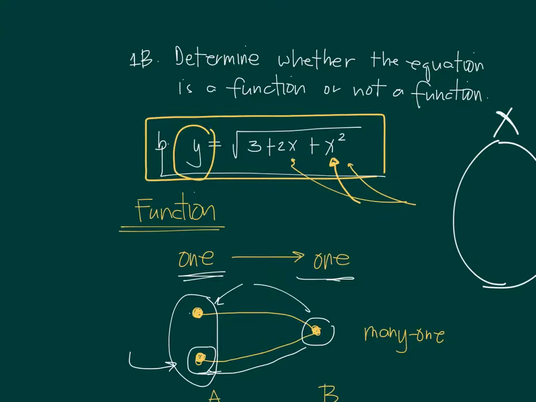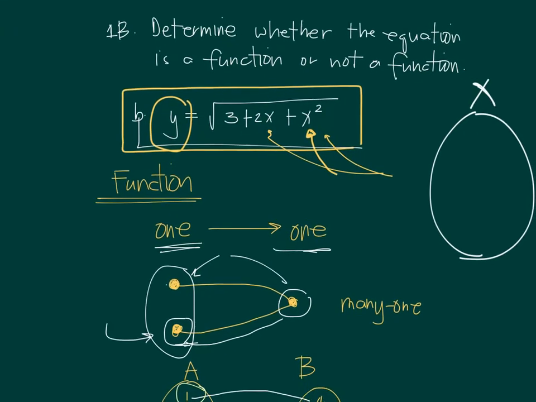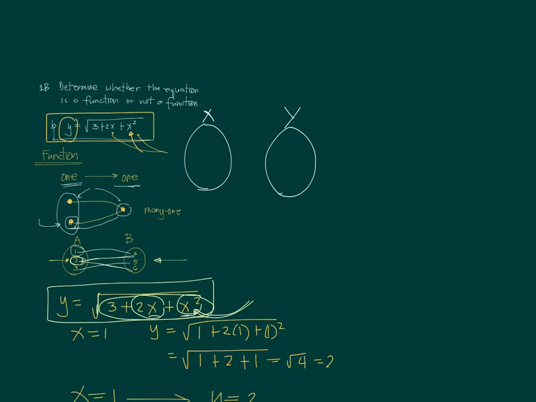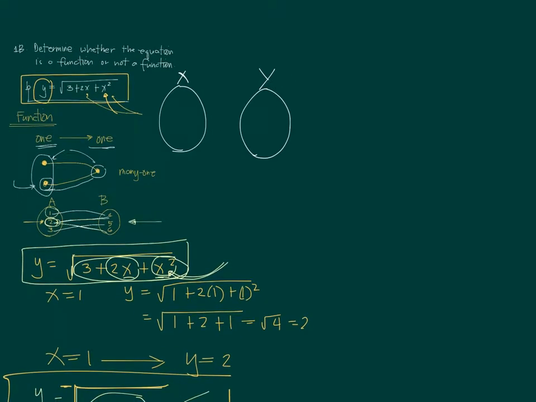Okay, now in the same test, there was a follow-up question, letter C, where you could apply what we learned here. The question was the same: determine whether it's a function or not a function. Take a look at this. This is already y squared.